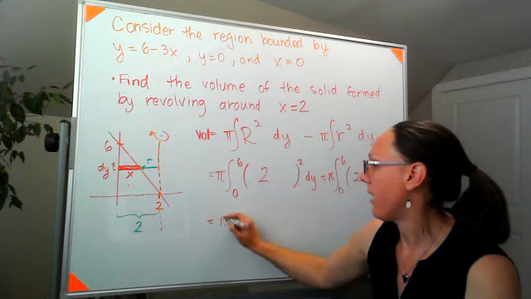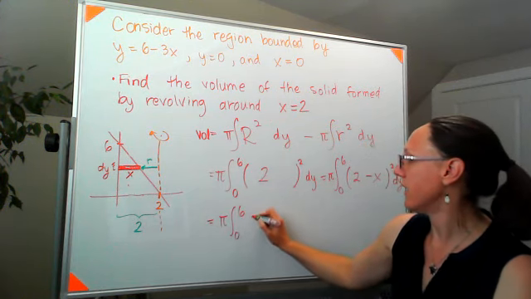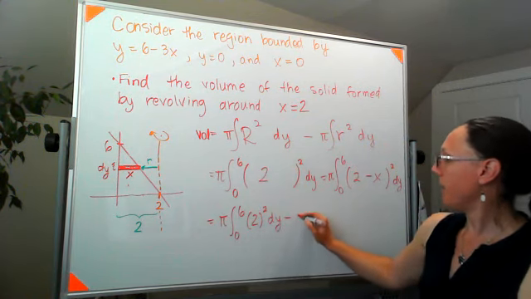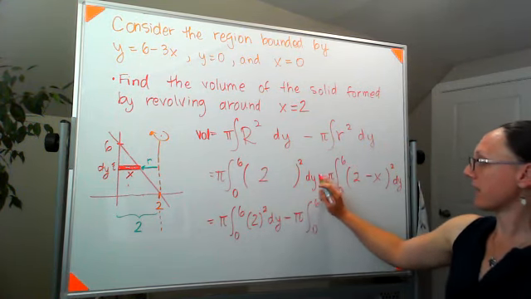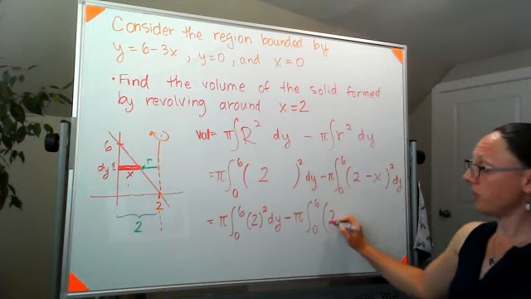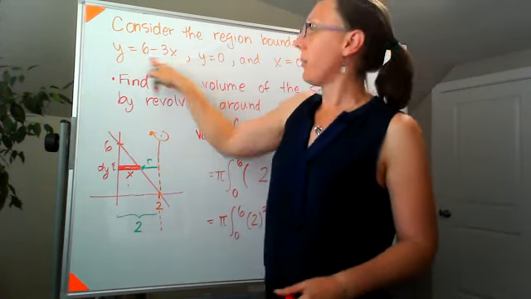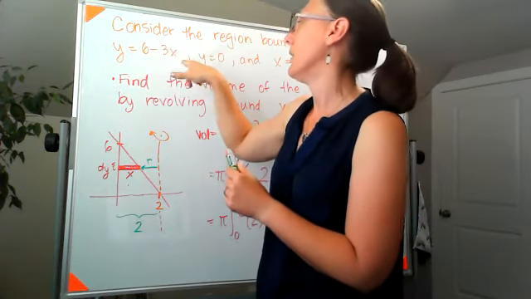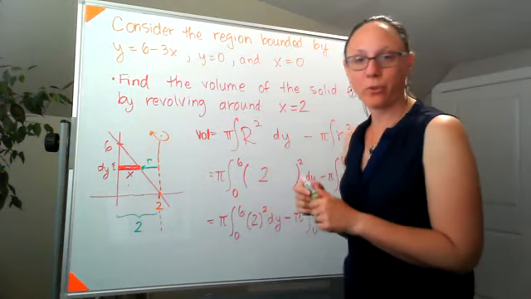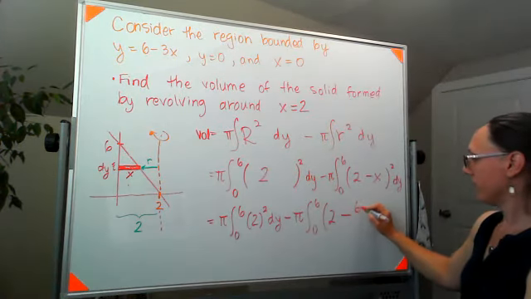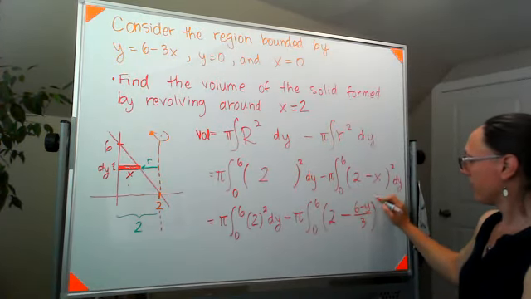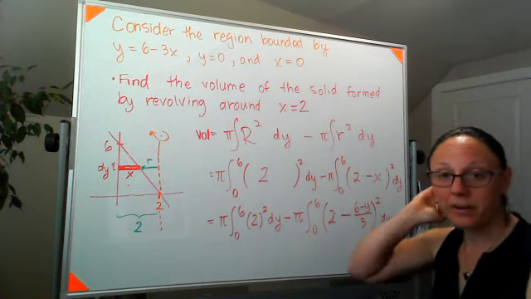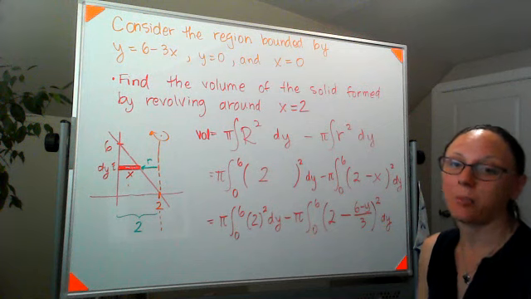Here, I'm looking at pi times the integral from 0 to 6 of 2 squared dy, minus pi times the integral from 0 to 6 of 2 minus, if I come up here and rearrange this for x, (6 minus y) over 3, squared dy. So this would be our answer if we were to set up the volume.